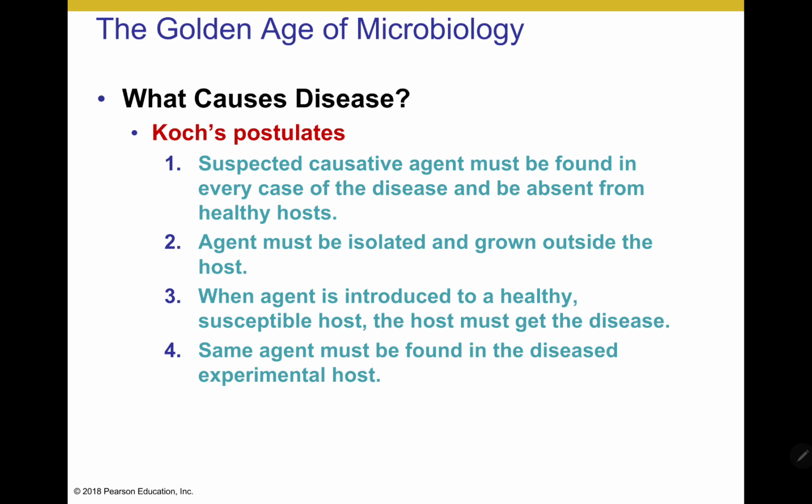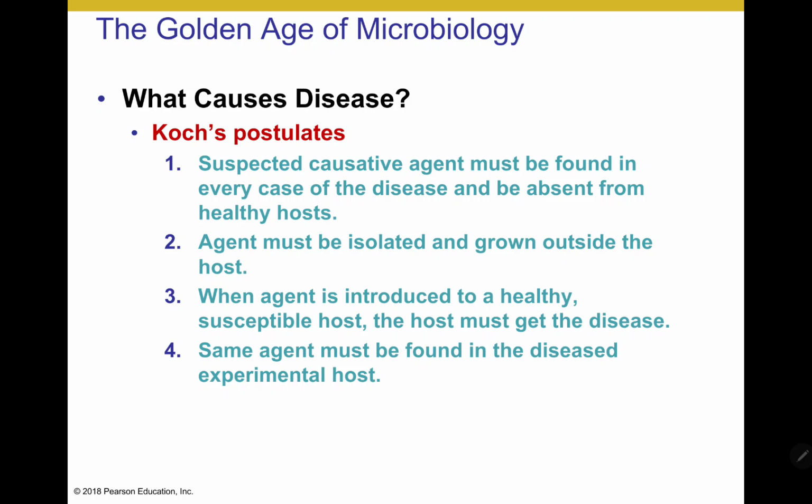So Robert Koch developed Koch's postulates, which is simply a systematic method to identify a causative agent of a disease. He was able to identify that it was Bacillus anthracis, a rod-shaped, endospore-forming bacteria, that produced anthrax.